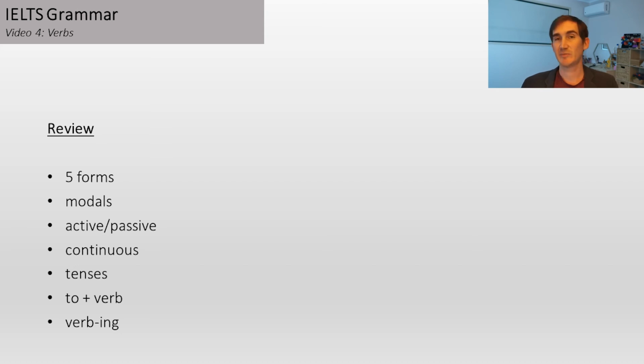So active, the subject does the action. For example, Leonardo da Vinci painted the Mona Lisa. Passive, the subject receives the action. The Mona Lisa was painted by Leonardo da Vinci. We did the 12 verb tenses. And then we did to plus base verb and verb-ing when there are two actions in your clause.